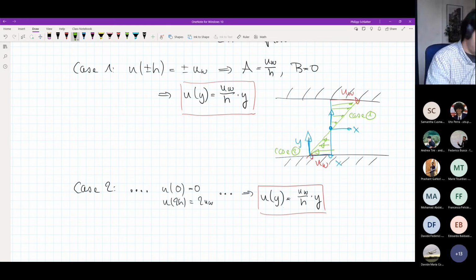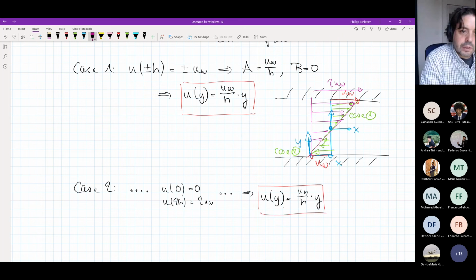And then my velocity profile, and I'm now taking the purple, would kind of develop in that way that we had 0 here, and my velocity would kind of look like this. And it would, of course, go to a value of 2 uw here on top. And that is what I would get for case number 2.